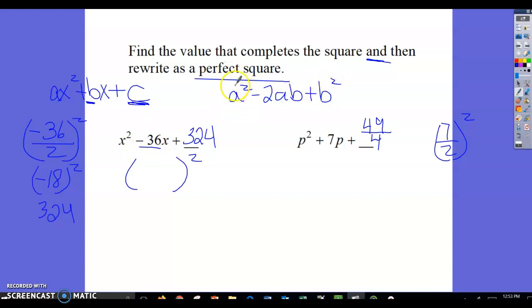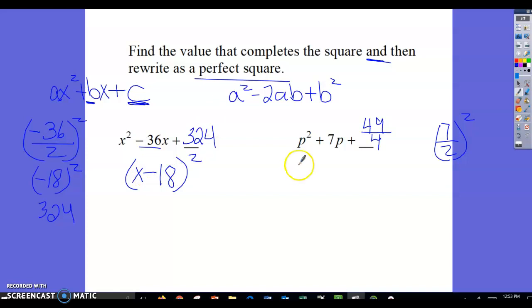So this number is squared, and this number is squared. Whatever those numbers are before you square them is what goes here. So x goes here, and to get 324, we took negative 18 and squared it. So this is going to be negative 18.